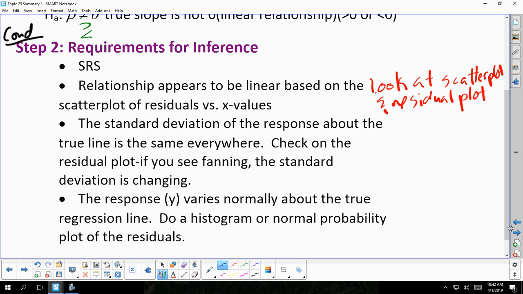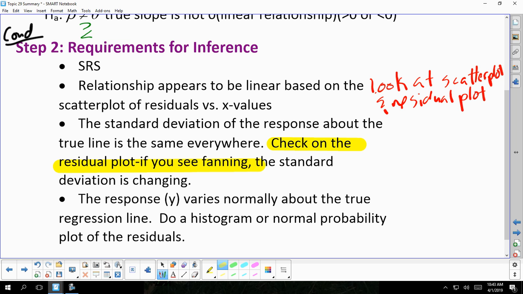So we're going to look at the scatter plot and the residual plot to determine if a linear model is a good fit. There's no curved relationship, there are no extreme outliers. And then the standard deviation of the response about the true line is the same everywhere. This is where, when we discussed fanning last time, it becomes very important. We want to check the residual plot to see if there's fanning.